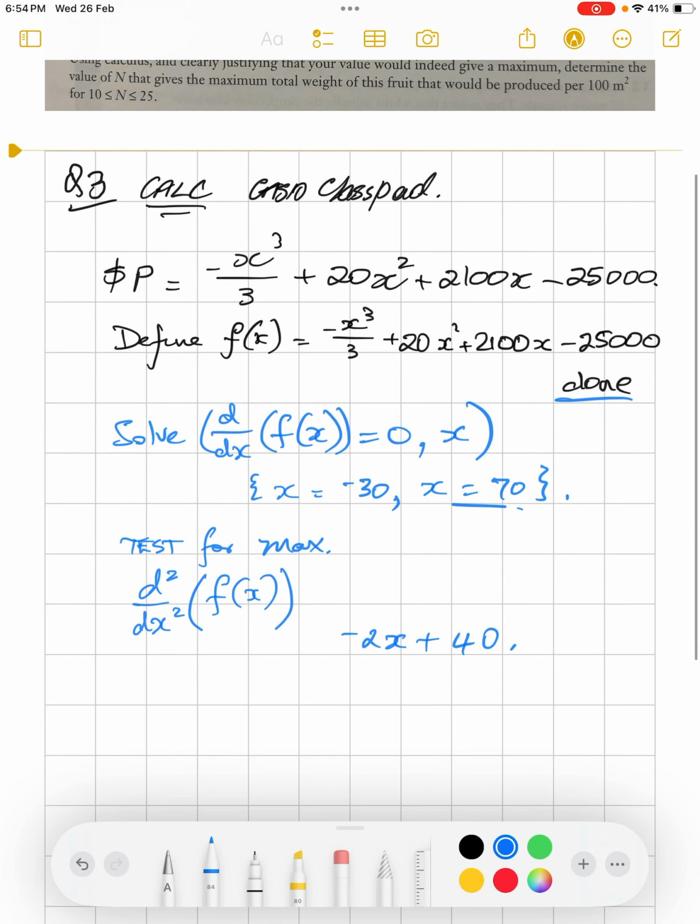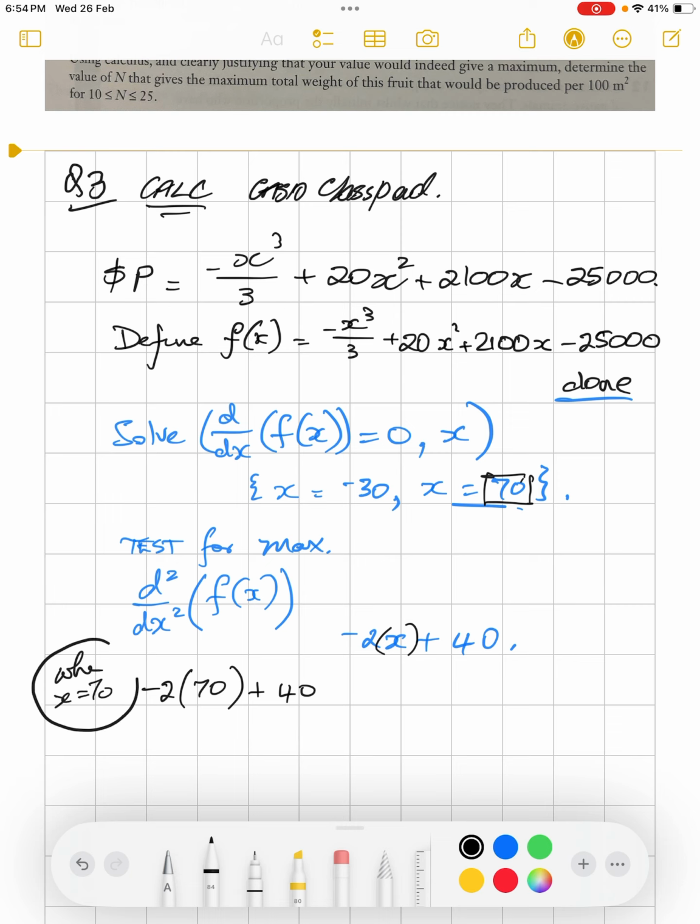So what we need to do is take this value here and place it into the x position to find out what's the value when x equals 70. And our second derivative is negative 140 plus 40, so we get negative 100.